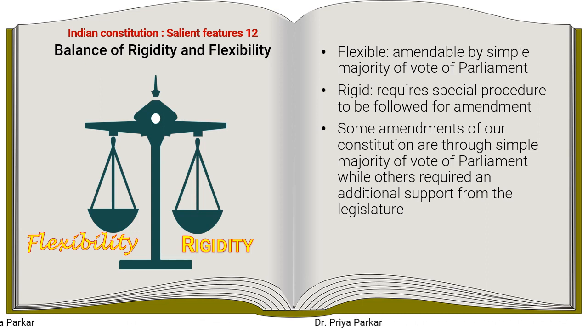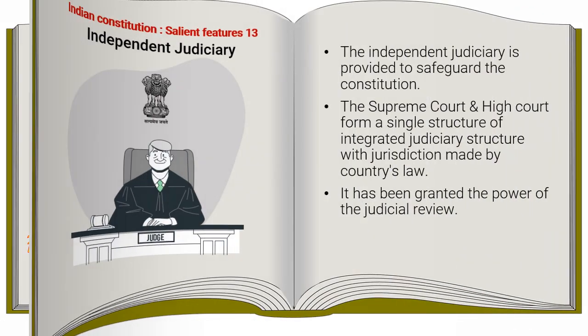Amendments need a special procedure to be followed. Over the last 75 years, the Indian Constitution has been amended 104 times. However, one must remember that certain parts of the Indian Constitution cannot be changed.